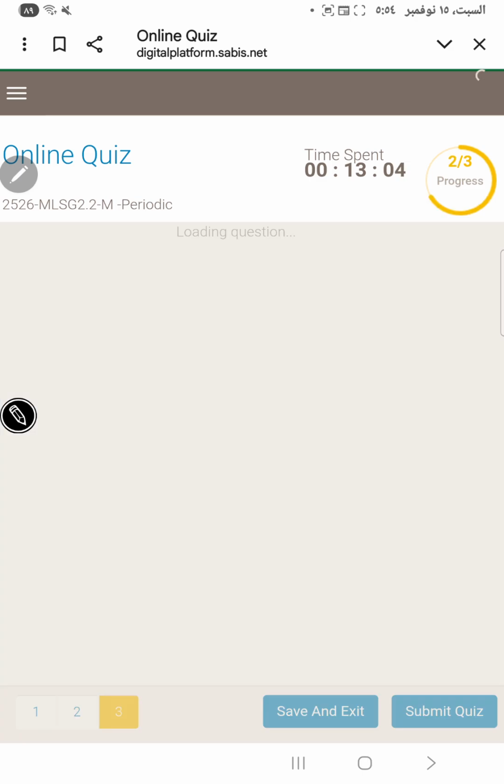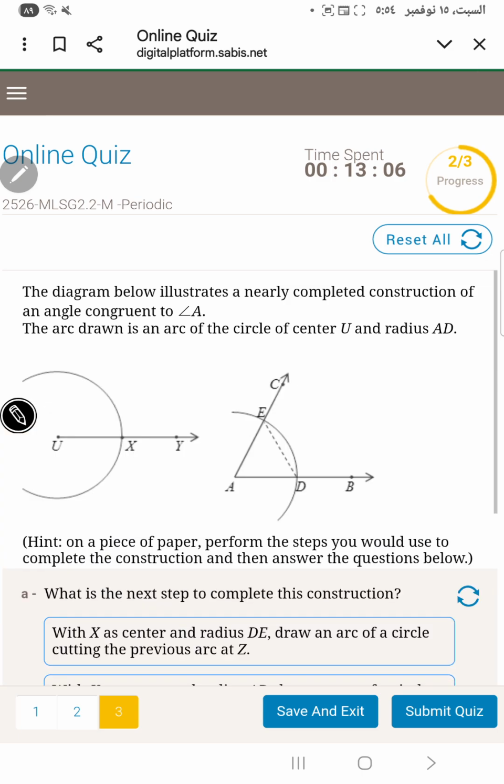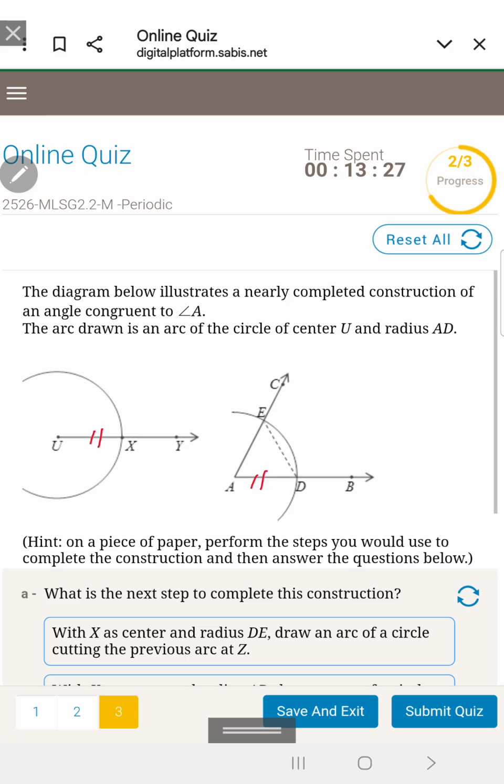Question number 3. The diagram below illustrates a nearly completed construction of an angle congruent to A. The arc drawn is an arc of a circle center U and radius AD. So this means radius AD, this and this are now equal.